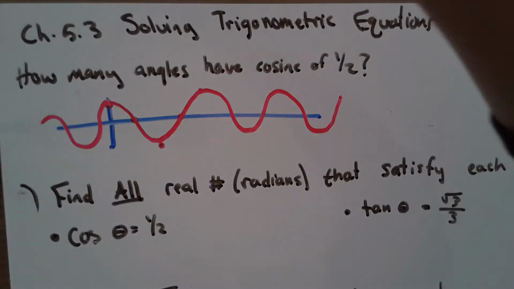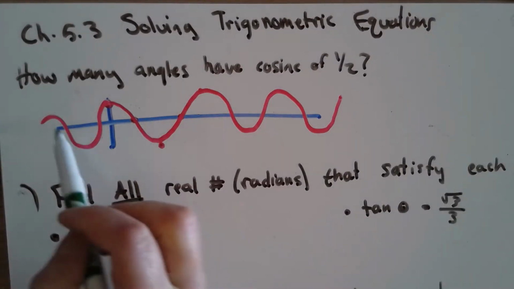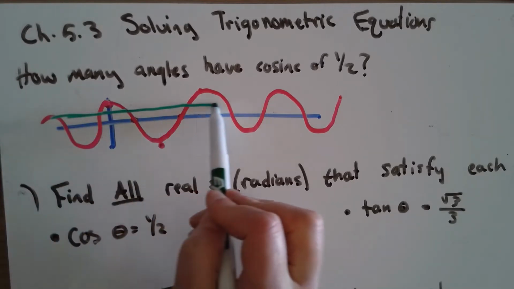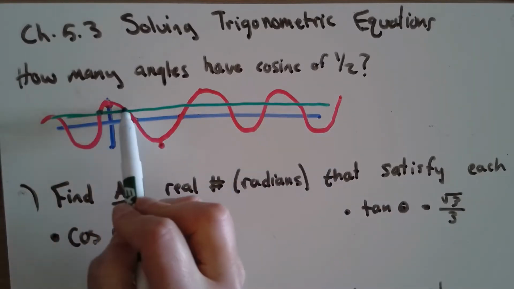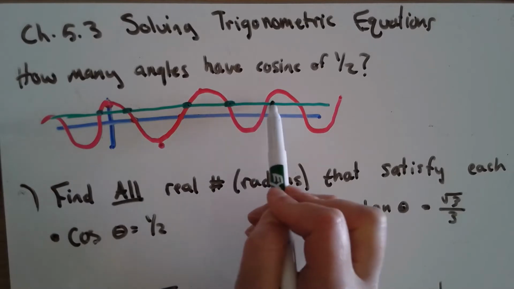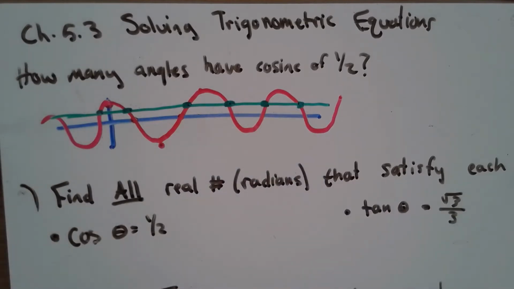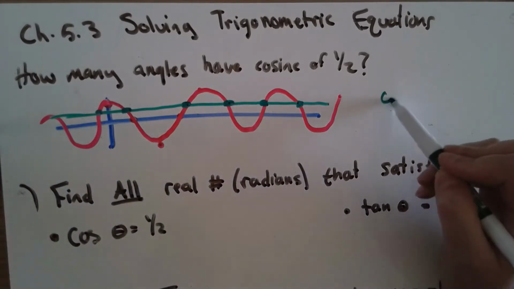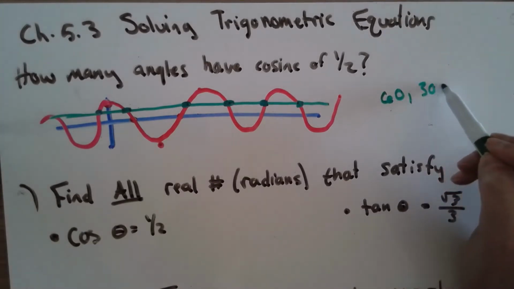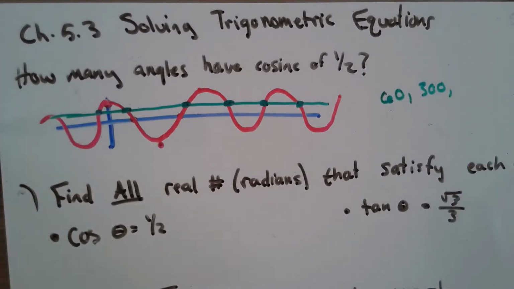So if we looked at where it's 1/2, and we drew that line in, and this goes forever, technically we have all these infinite solutions. So we said 60, we said 300. If it's coterminal, what's another one?